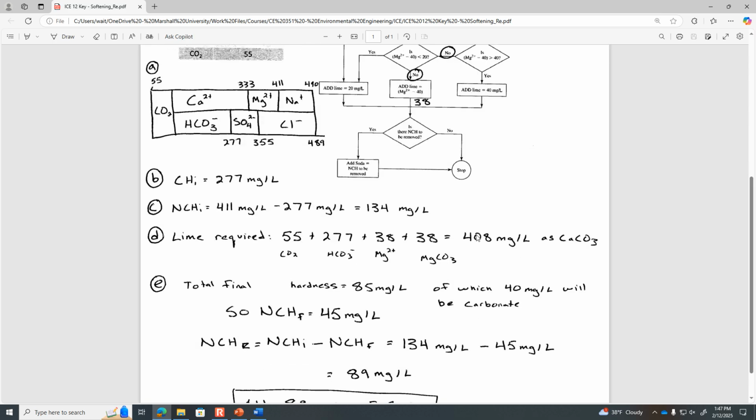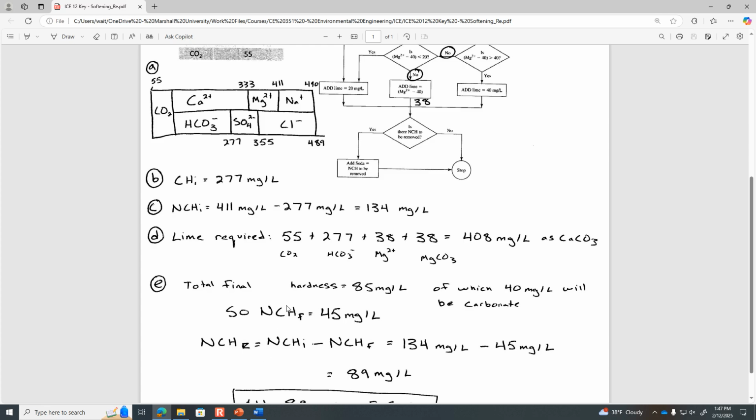That's just the leftover carbonate component. So the total hardness that remains of 85 is going to include 40 milligrams per liter of carbonate and 45 milligrams per liter of non-carbonate hardness.